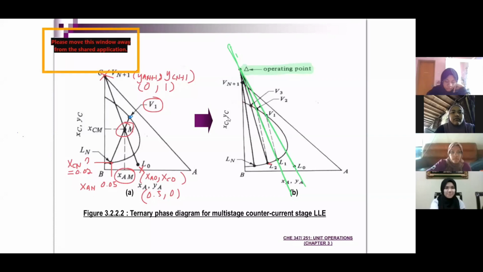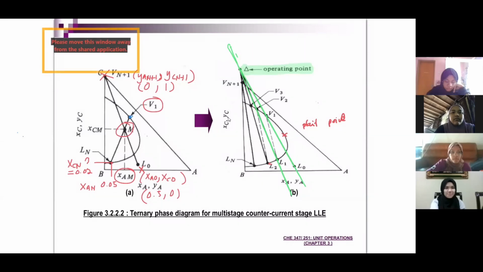All right, and then there is one point here. If you read the theory, the point is called the plait point, P-L-A-I-T. Plait point. The plait point is the separator, a point to separate two layers.